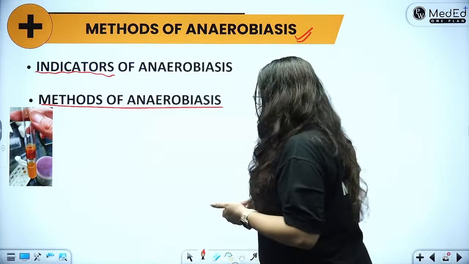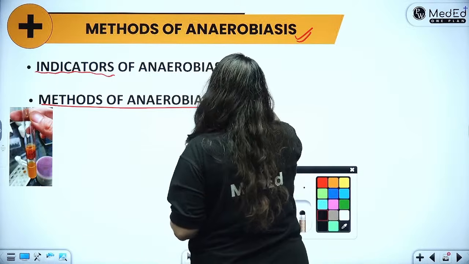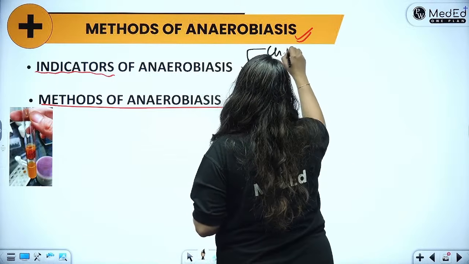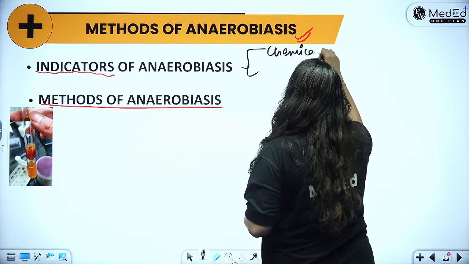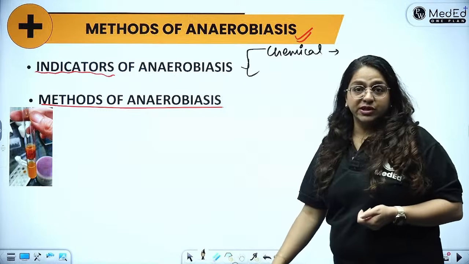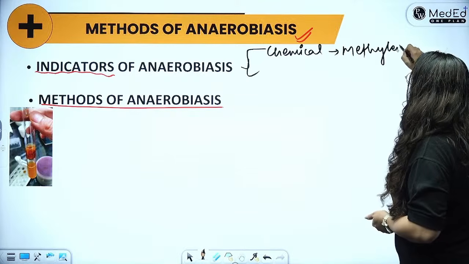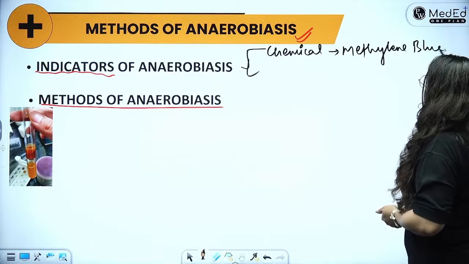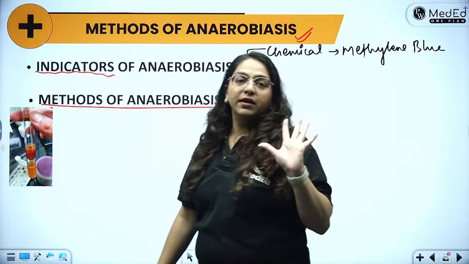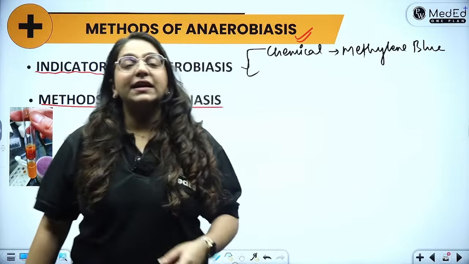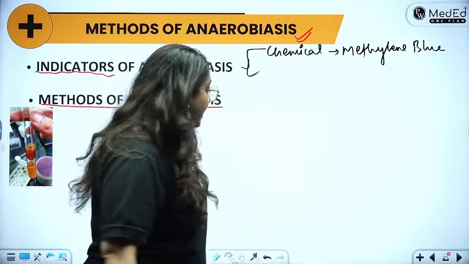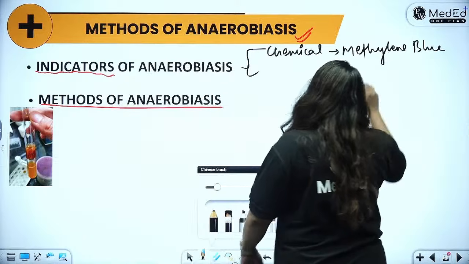I will put some biological as well as some chemical indicators. There is a chemical dye which only turns blue in the presence of oxygen, and that is methylene blue. So if my methylene blue has turned blue, that is telling me that I have failed, because methylene blue is only blue in the presence of oxygen.